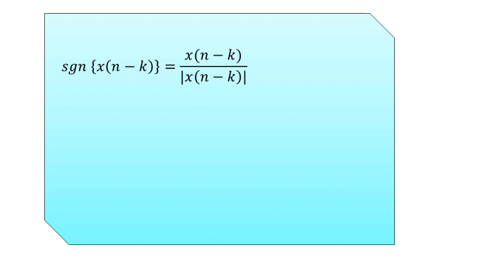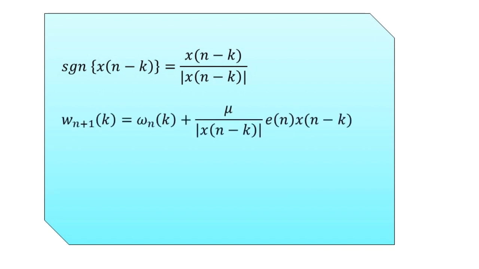So the sign data algorithm can be rewritten as W suffix n plus 1 of k is equal to W suffix n of k added by mu divided by mod of x of n minus k. This ratio is multiplied to E of n into x of n minus k. So this is the LMS algorithm that has a different step size for each coefficient in the weight vector here.